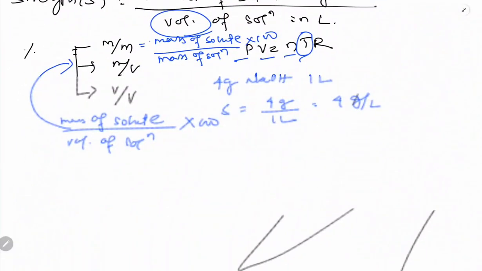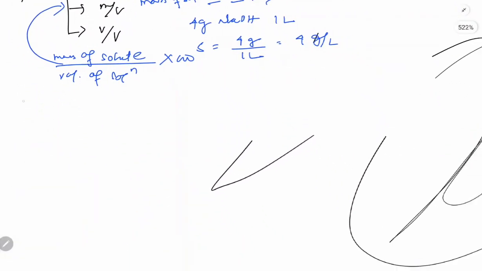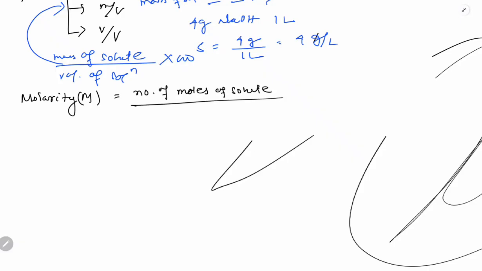Now we will discuss molarity, which is denoted by capital M. It is the number of moles of solute present in volume of solution in liter. So this is our formula: number of moles of solute per volume of solution in liter.